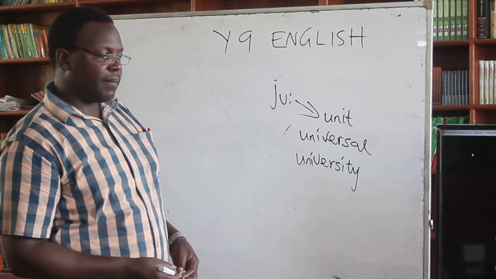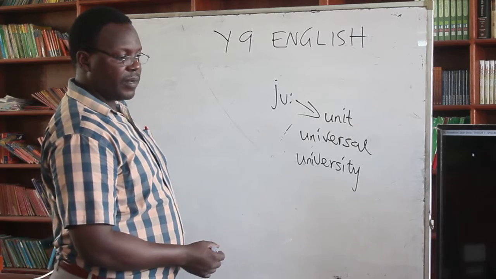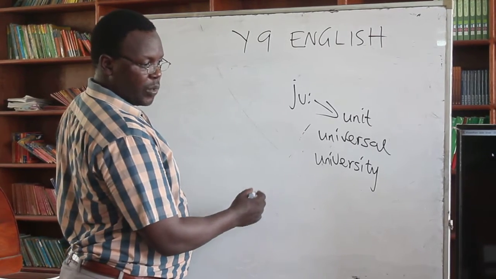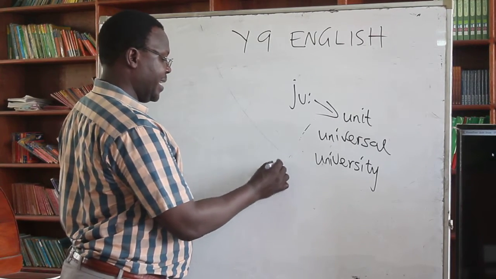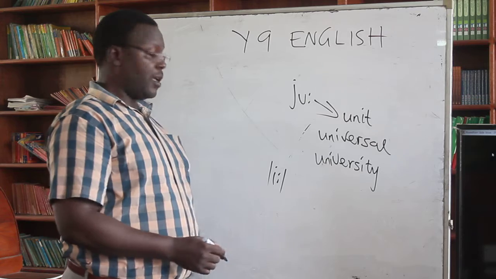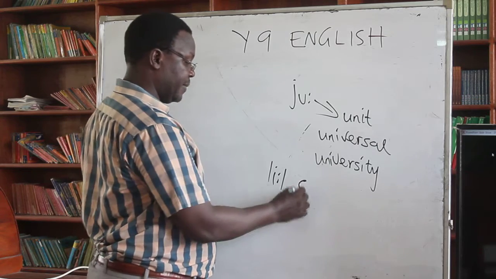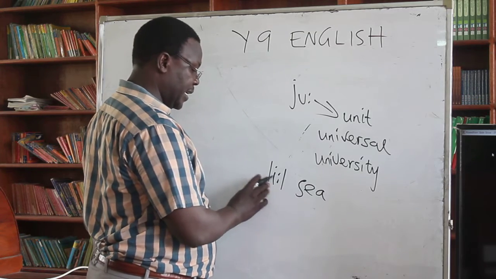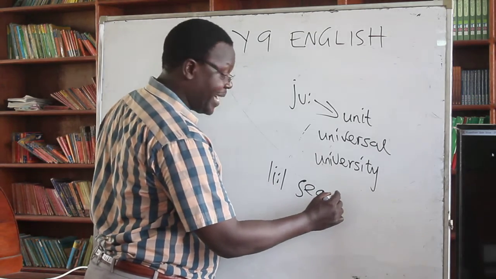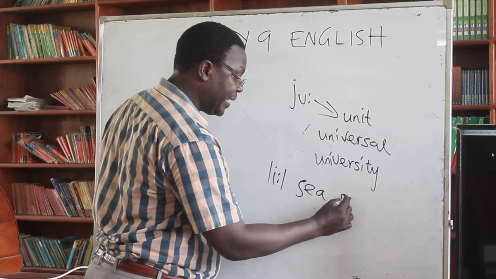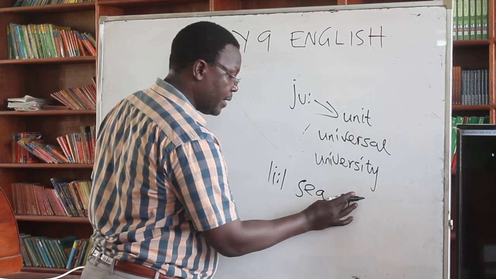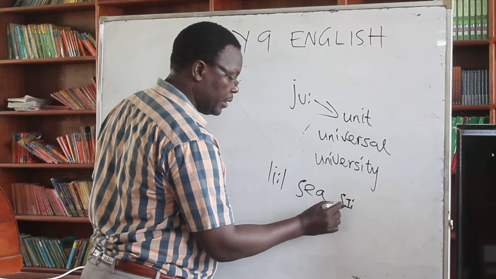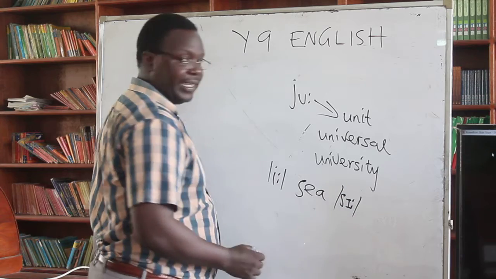Then we have E colon, that is for words like C. For words like C, we transcribe it as C.